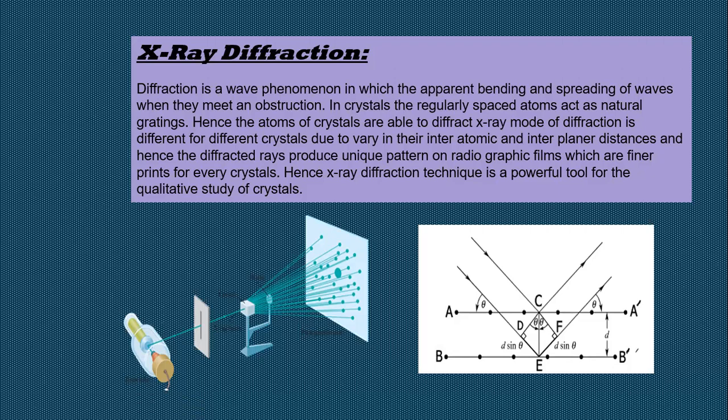These X-rays are generated by a cathode ray tube, filtered to produce monochromatic radiation, collimated to concentrate, and directed toward the sample. Here are two diagrams of X-ray diffraction.